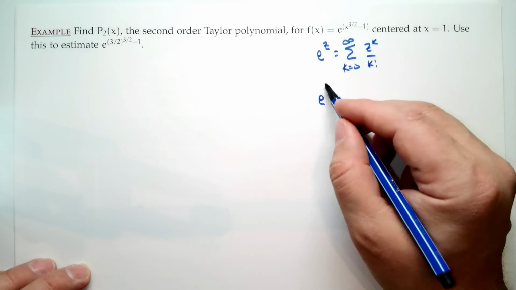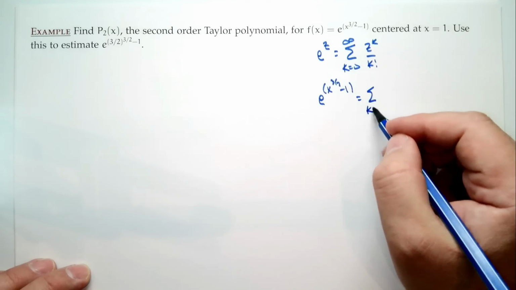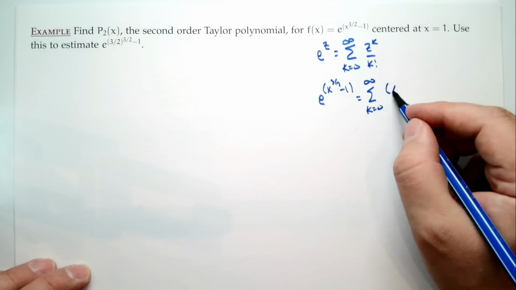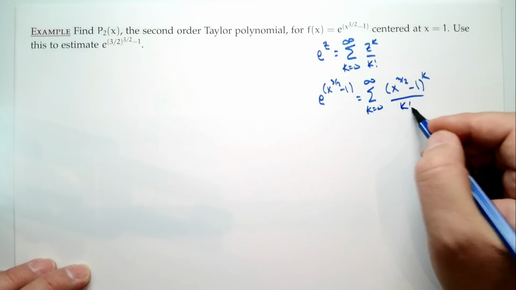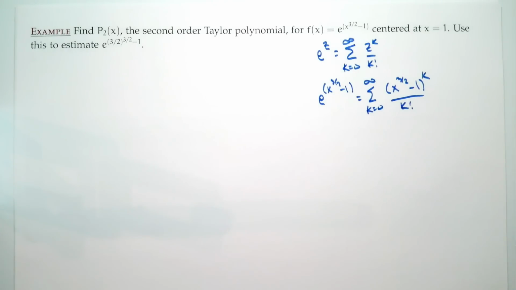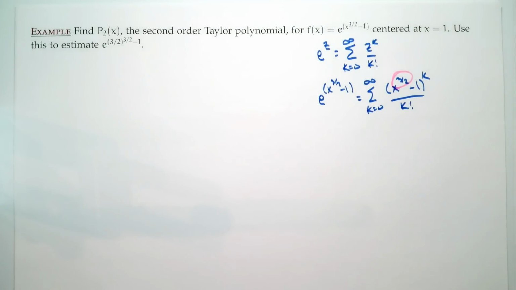So e to the x to the 3/2 minus 1 is the summation, k equals 0 to infinity, of x to the 3/2 minus 1 to the k over k factorial. Now, two things. It's absolutely true. There's nothing wrong with that, but that's not finding the power series. See, the power series will not have this exponent 3/2 there. So yeah, you can do that, but it's not helping you get closer to your answer.